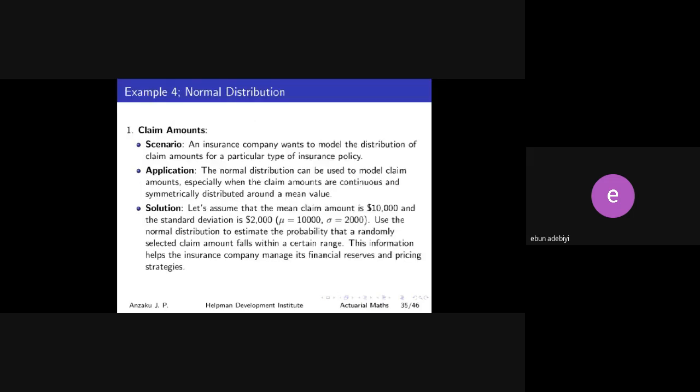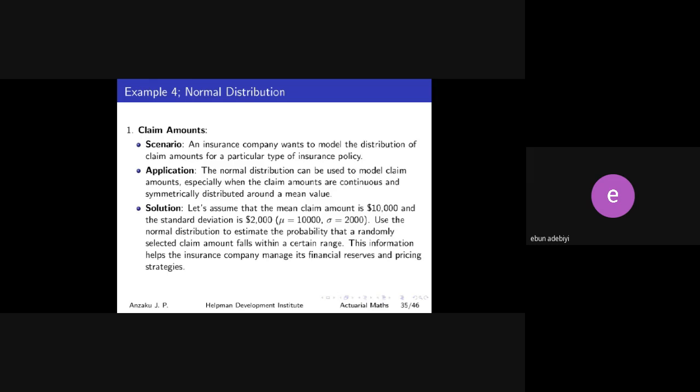Now, another application is in calculating claim amounts. Here we can find the normal distribution very useful. So let's look at this scenario. An insurance company wants to model the distribution of claim amounts for a particular type of insurance policy.